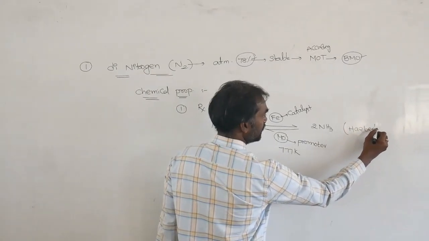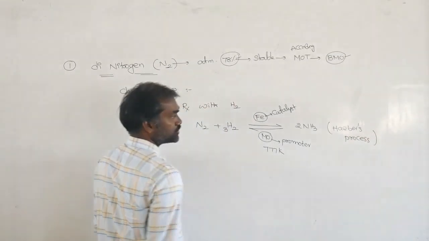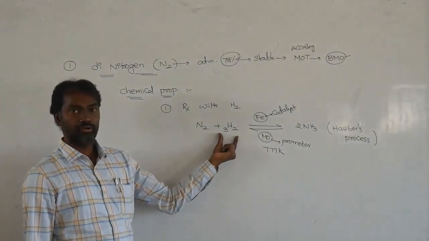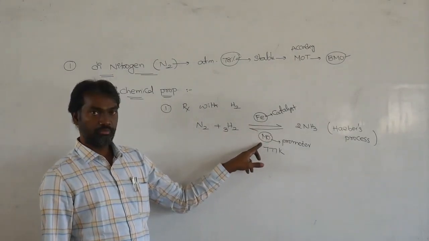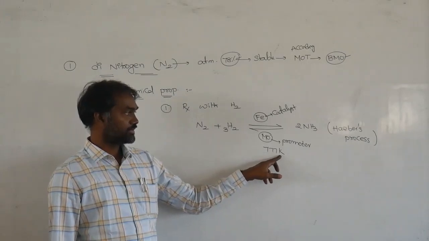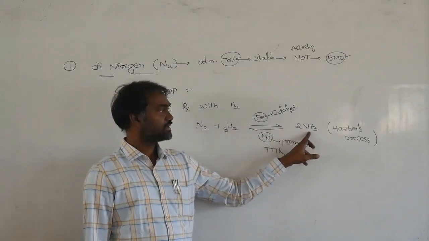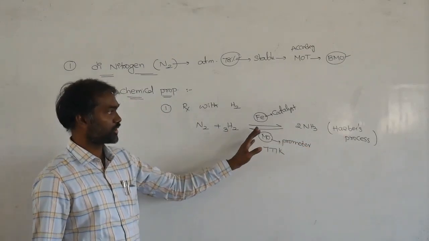How to write the matter? When nitrogen is heated with hydrogen gas in the presence of iron catalyst and molybdenum promoter at 777 Kelvin temperature, it produces ammonia gas. This is also called Haber's process. Like that you write down the matter.